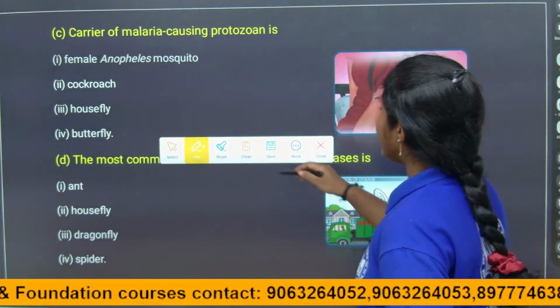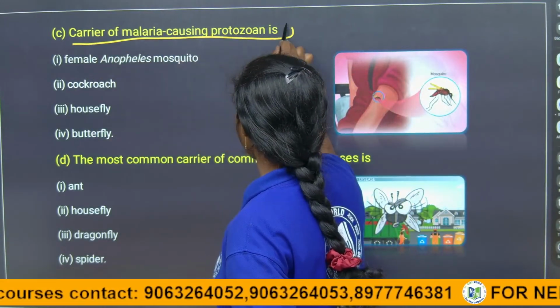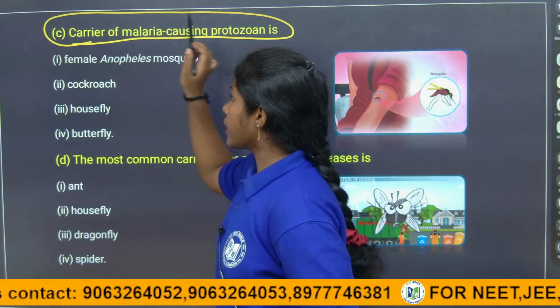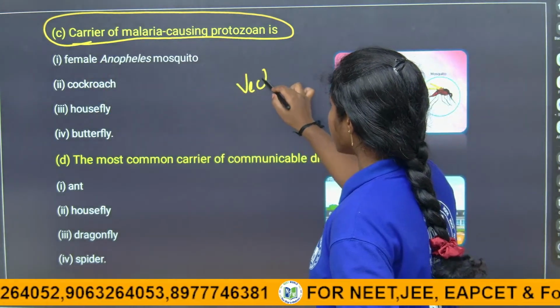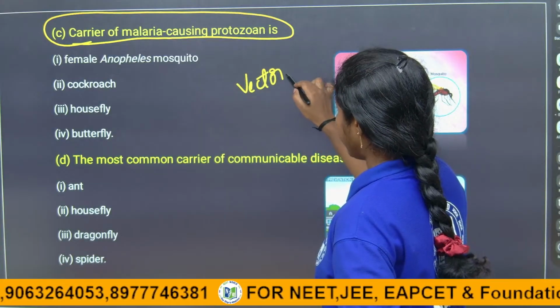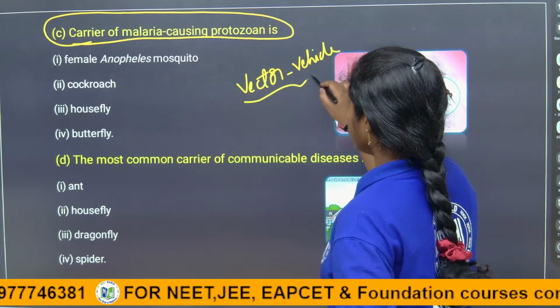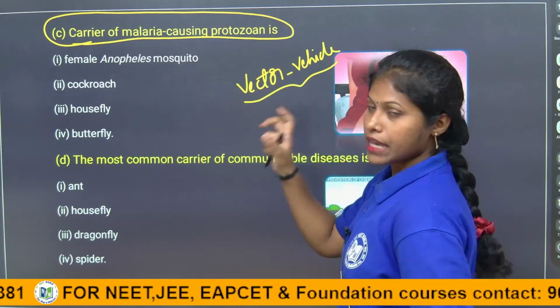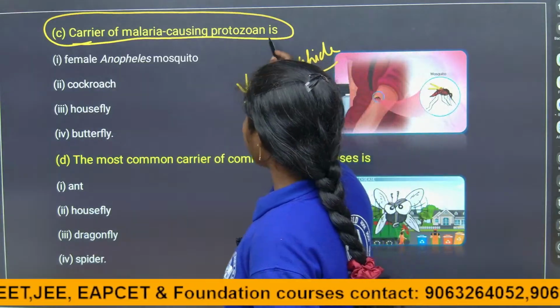So they are asking for the carrier of the malaria-causing protozoan, which is the vector. Vector, carrier and vehicle are the same, children. They are different names for the same thing.